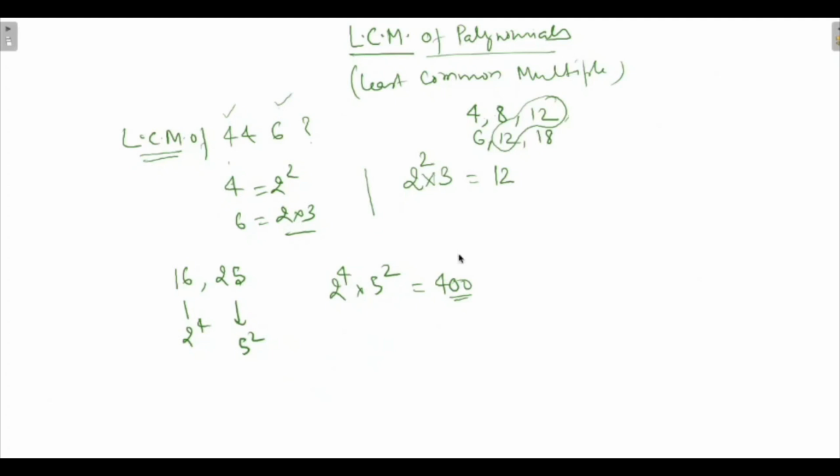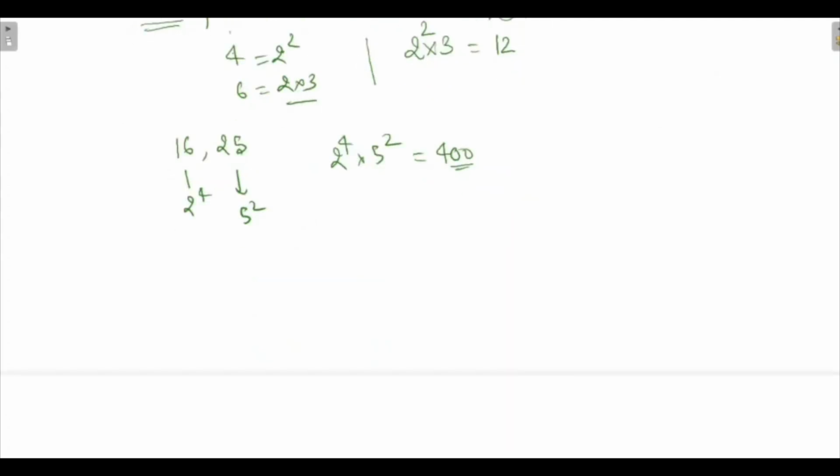And similarly, when you write the 25 table, both of them will have this number, which will be the least common multiple. Okay. So if you have understood this, let's try to put some two numbers and see whether you can get the least common multiple.